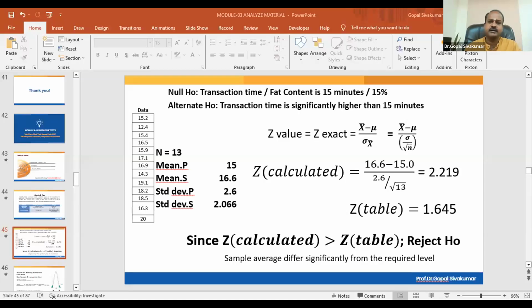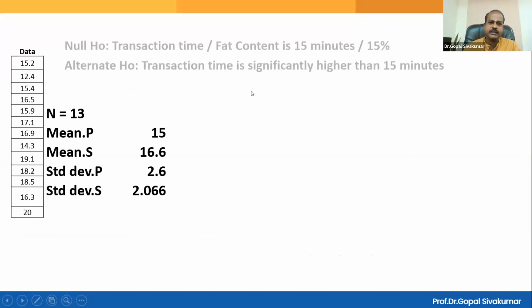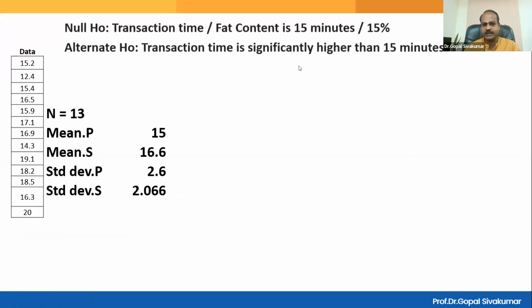See, why I have typed it differently is, ultimately, you should know that you are only working with data. Data can represent any scenario, right? See here the same problem. I can explain in two ways. One is for a manufacturing context. In manufacturing context, it is a product and the metric is fat content.